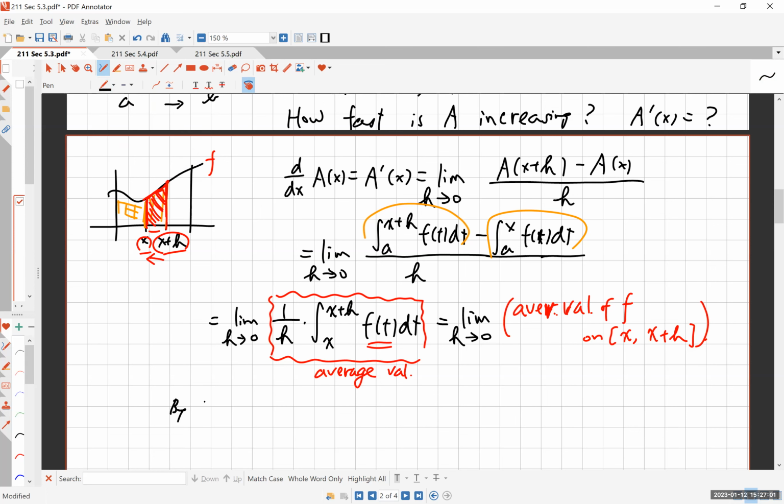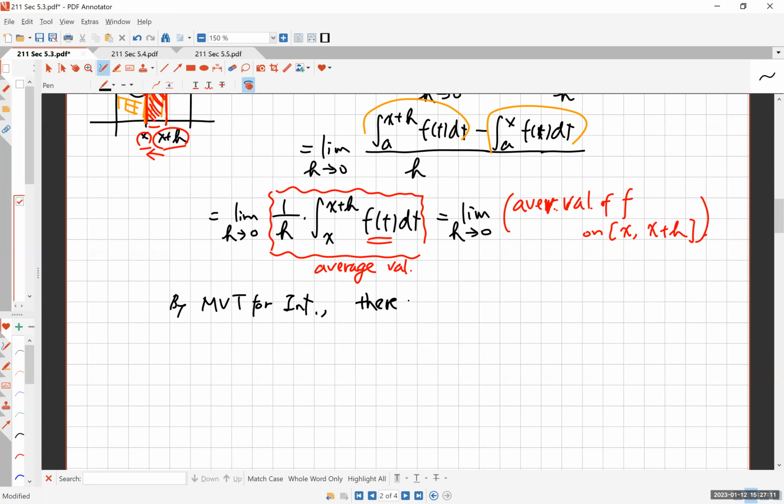Now, by the mean value theorem for integrals, which we just talked about a few minutes ago, there is a c on this sliver, on this very small interval from x to x plus h, such that f of c is equal to the average. Let me go ahead and write this.